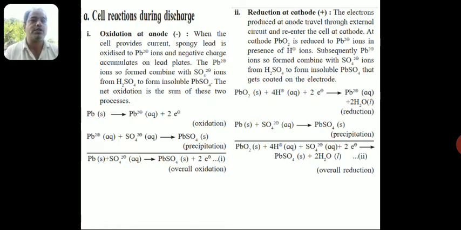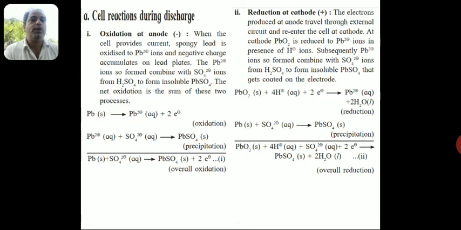Now see in the reactions, PbO2 plus 4H+, that H+ from sulfuric acid, plus 2 electrons, that 2 electrons are from the anode through the external circuit. So PbO2 plus 4H+ plus 2 electrons will form Pb2+ plus 2H2O.